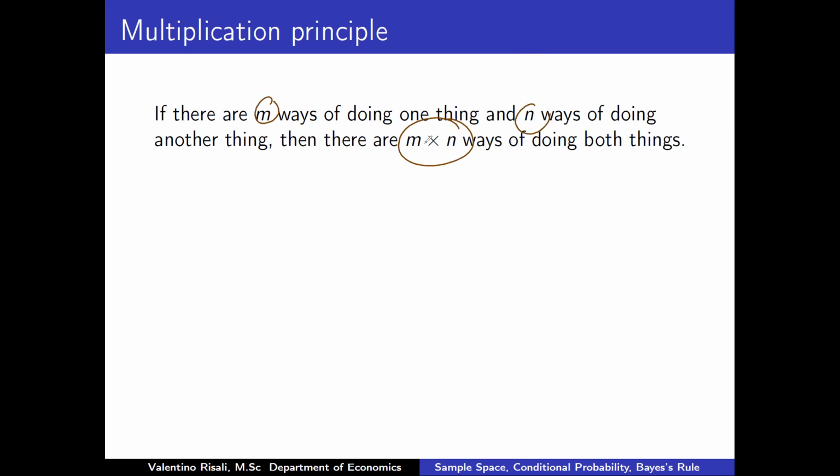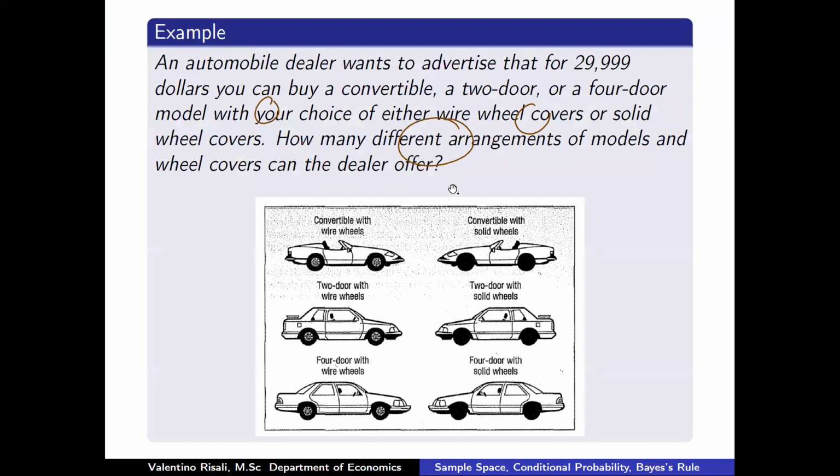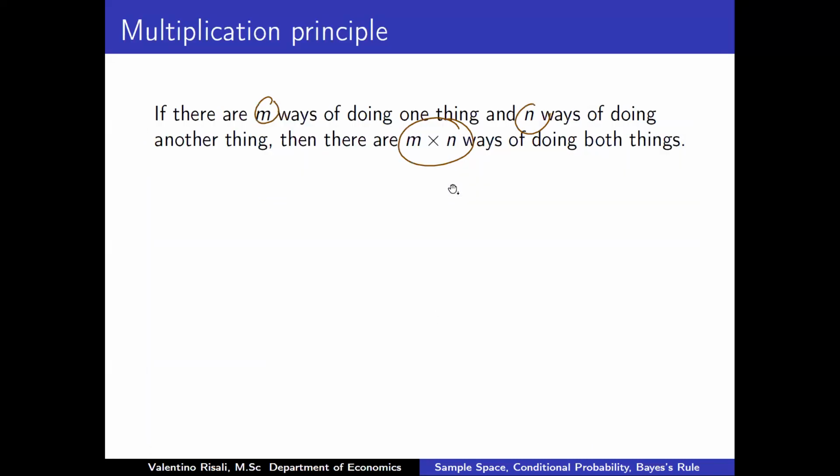Just multiply m and n. And after we multiply these two values, we can get how many ways of doing both things.